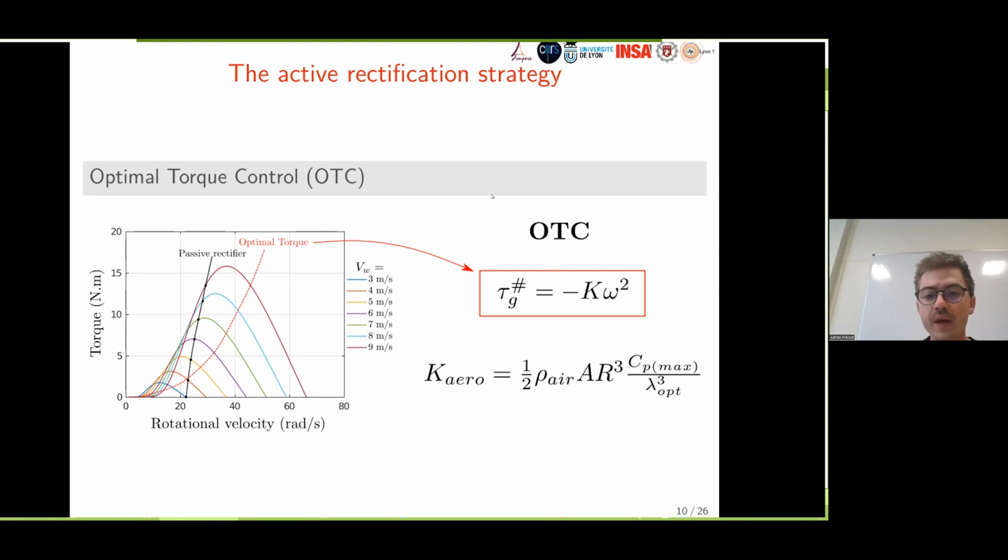Why this? Because it uses the rotational velocity to compute that torque. I could go further, but maybe there are some other questions. I hope I have answered your question.